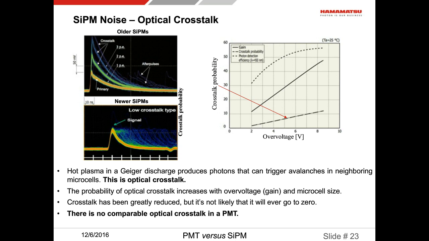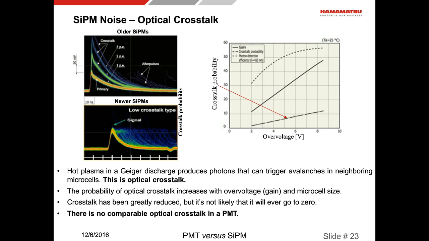The physics of crosstalk is as follows. During Geiger discharge, hot plasma can emit photons that are capable of producing electron-hole pairs in silicon. There are about 30 of them per discharge. These photons go in all directions.